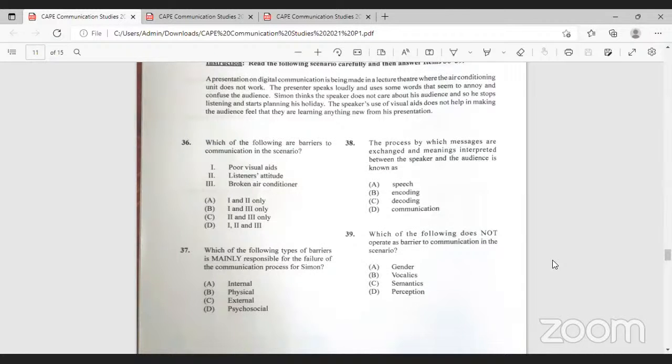So what kind of barrier is that? Mainly responsible for the failure of the communication process. It's psychosocial, right? Can we agree that it's B? Okay, everybody saying A, internal. Why does everybody say internal? I mean, Simon, he just said it. He said the speaker just doesn't care.